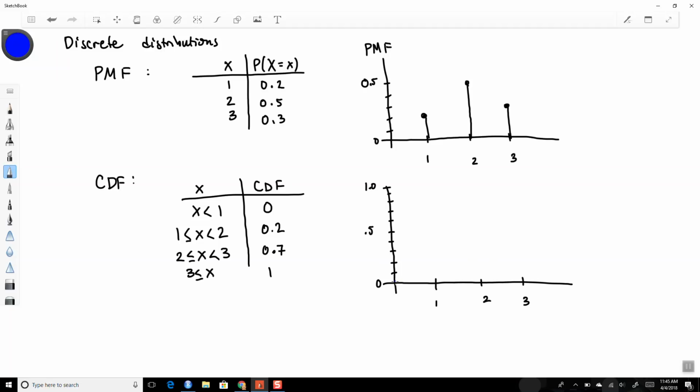At 1, we come up to here. At 2, we're at 0.7. And so there is our CDF.